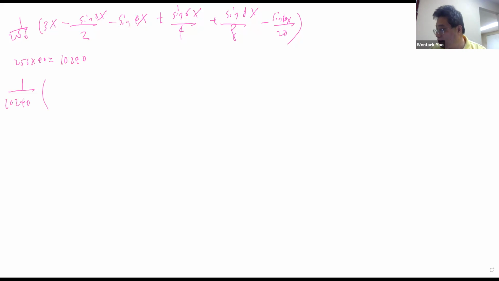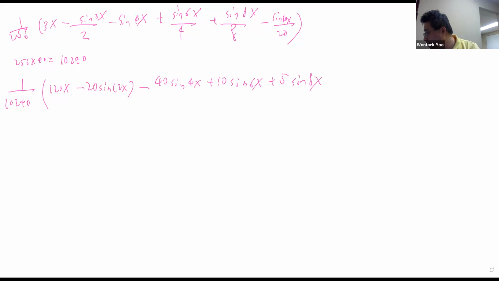And then if you multiply 40 to everything inside, we have 40 times 3, which is 120x, minus 40 over 2, which is 20 sine of 2x, minus 40 sine of 4x. And then 40 over 4 is 10 sine of 6x. 40 over 8 is plus 5 sine of 8x. And then minus 2 sine of 10x.